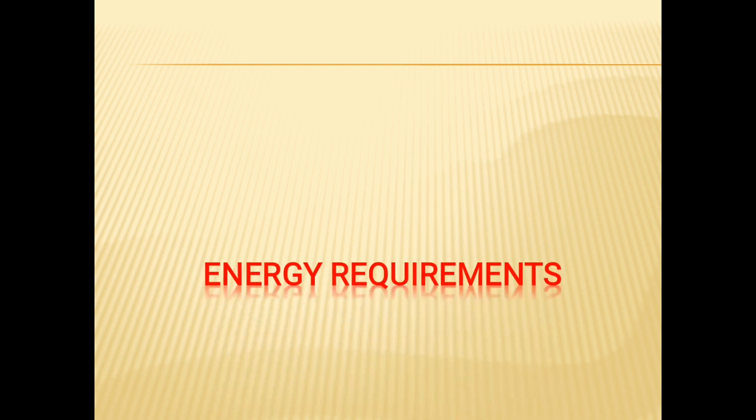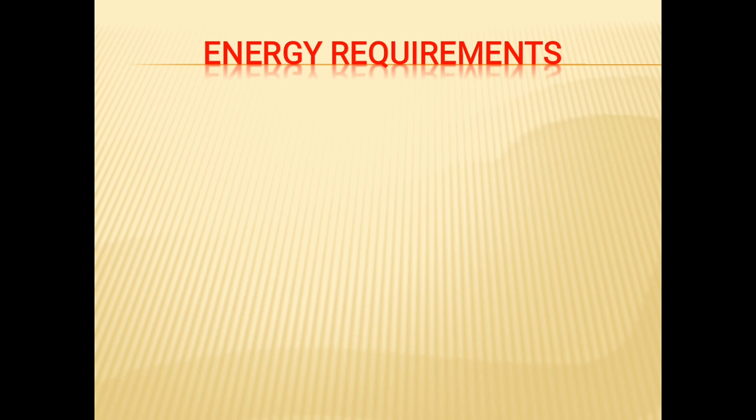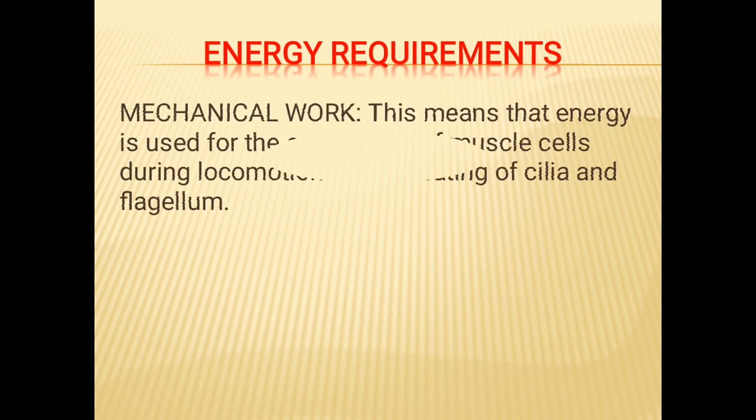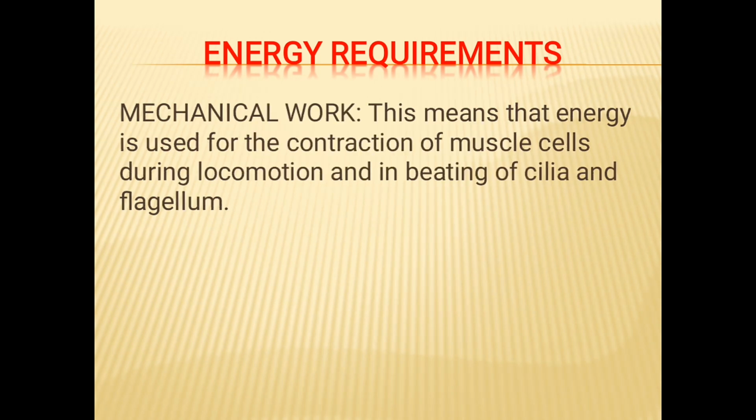Now we talk about the energy requirements of biological activities. The first one is mechanical work. This means that energy is used for the contraction of muscles during locomotion and in the beating of cilia and flagellum.